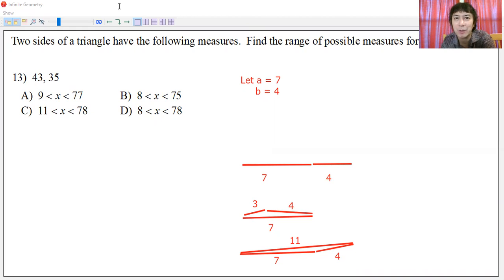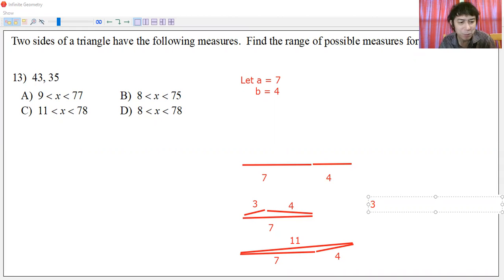So here's our technique now. The difference of 7 and 4, that's 7 minus 4, is 3. The difference 3 is the lower limit of the range, so we can use the 3 as our lower limit. We're looking for the third side, and it must be between 3 and 11.